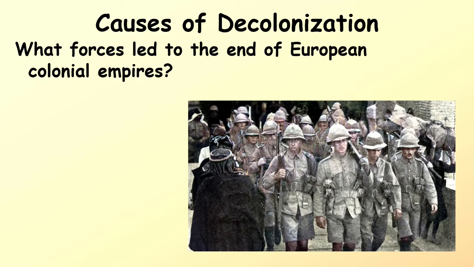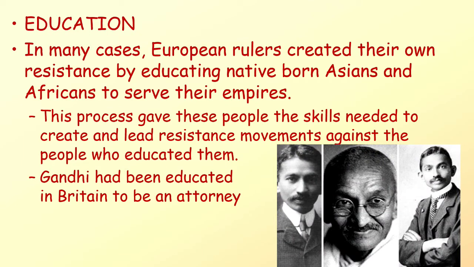Causes of decolonization. What forces led to the end of European empires? Education. In many cases, European rulers created their own resistance by educating native-born Asians and Africans to serve their empires. This process gave these people the skills they needed to create and lead resistance movements against the people who had educated them.